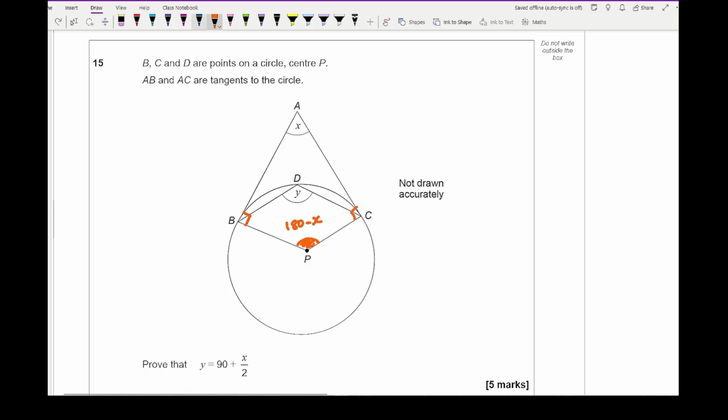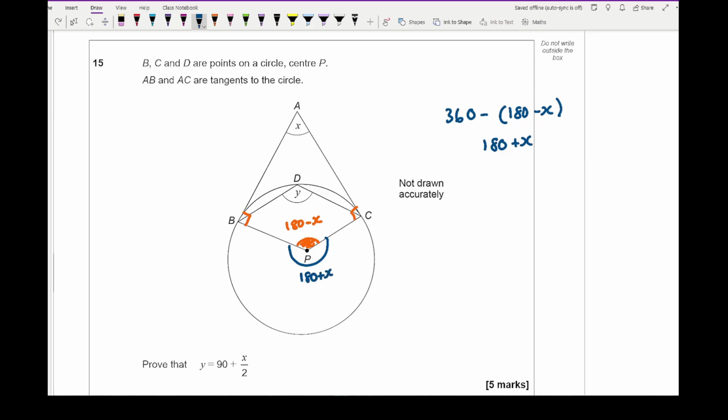Now from this, what we then know is that this angle here is going to be 360 minus 180 minus x. And if I simplify that, I get 180 plus x. So this angle here is 180 plus x.